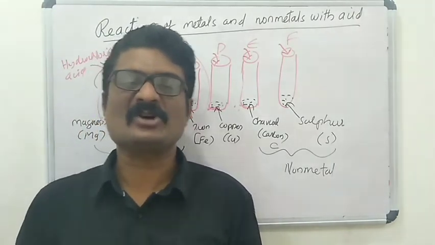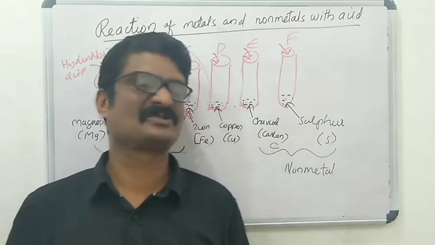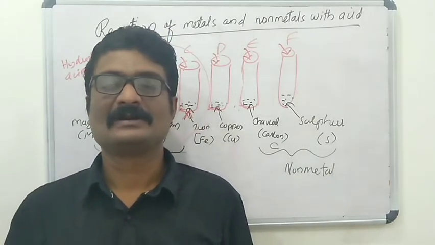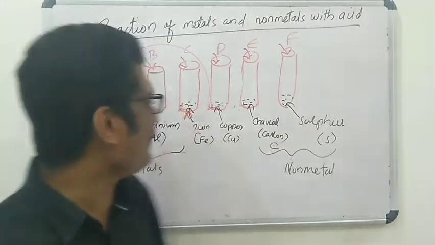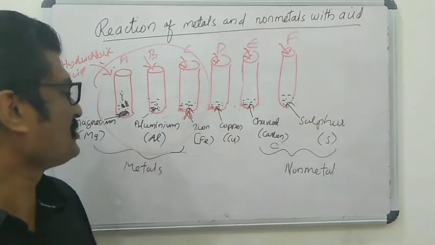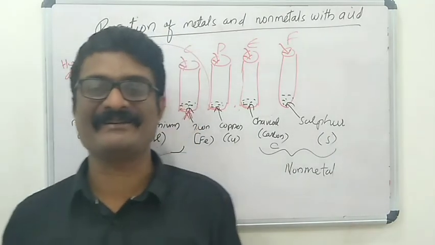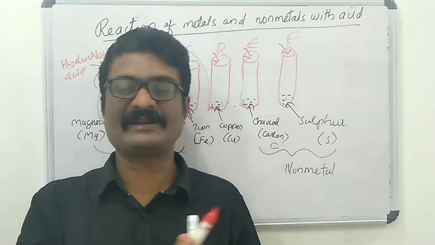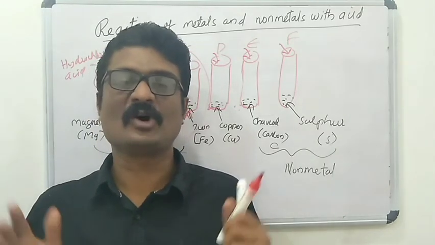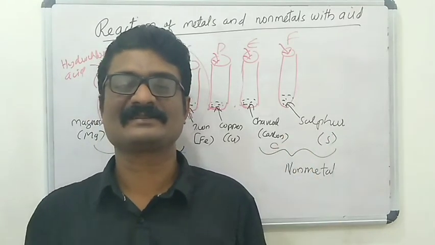So we can say that metals like magnesium, aluminium and iron react with acids. Here we take hydrochloric acid, and it forms hydrogen gas.